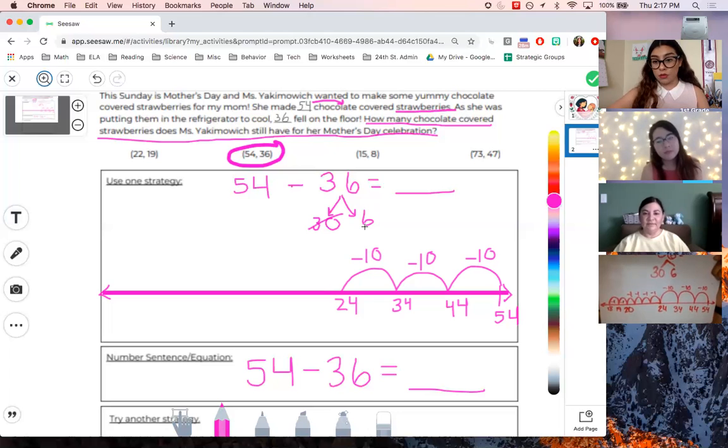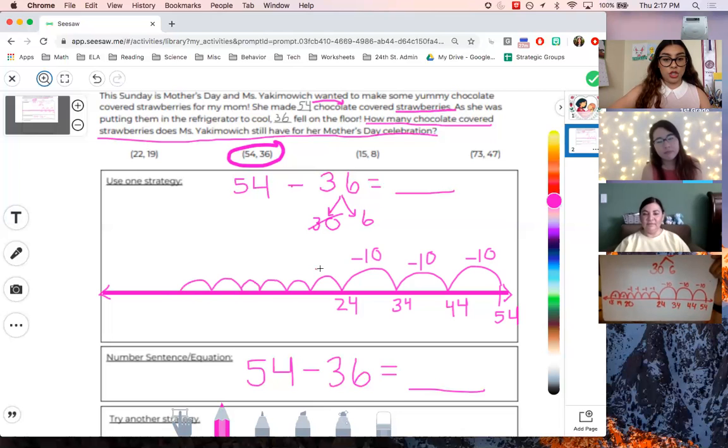And I noticed Ms. Rosales, she decomposed into 4 and 2 because she knows 4 plus 2 makes 6. So let's do 1, 2, 3, 4, 5, 6. And she showed that she subtracted by ones by putting minus 1 under each hop, right? We're going back, so we are subtracting.